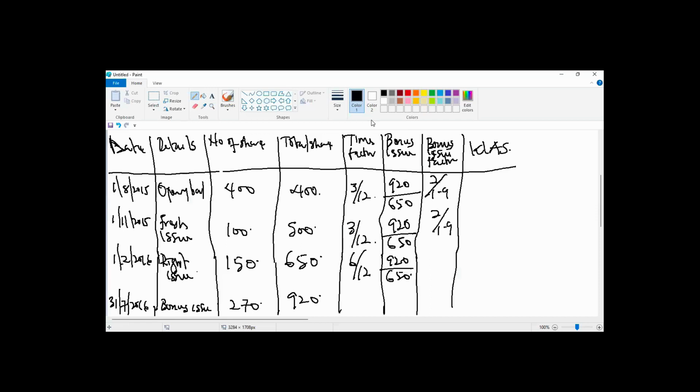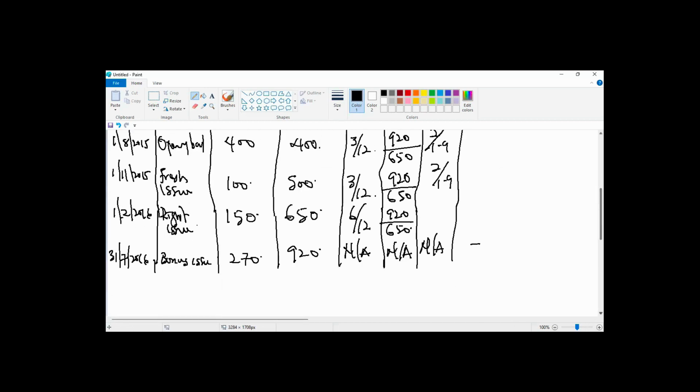From 31st of July to 31st of July, not applicable. No time factor in between. So the closing balance is 920. I will now multiply. 31st of July to 31st of July does not make sense. No time factor. It happens at the last day.